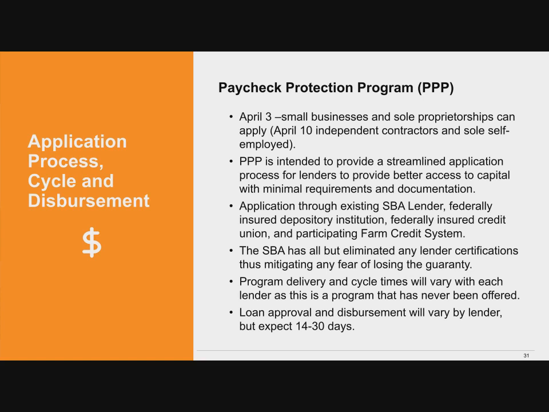So going in and applying for a loan for forgiveness is probably not the best path, but going in and applying for a loan where a good part of it's going to be forgiven is a better mindset going into these types of transactions. Loan approvals and disbursements, like I said, are going to vary by lender, but I think the intent is 14 to 30 days. And we as an organization hope to be on the 7 to 14 day side.